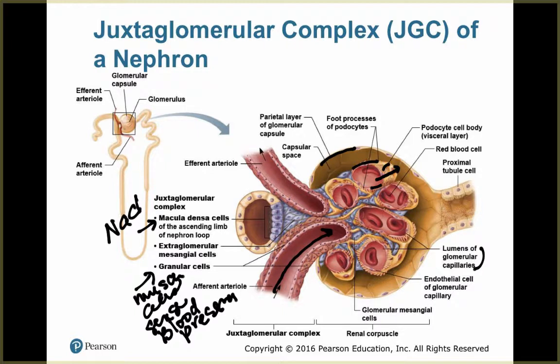And that happens if you notice that they are in the afferent arteriole. They also, on top of just sensing blood pressure, have secretory granules in them that contain the enzyme renin.